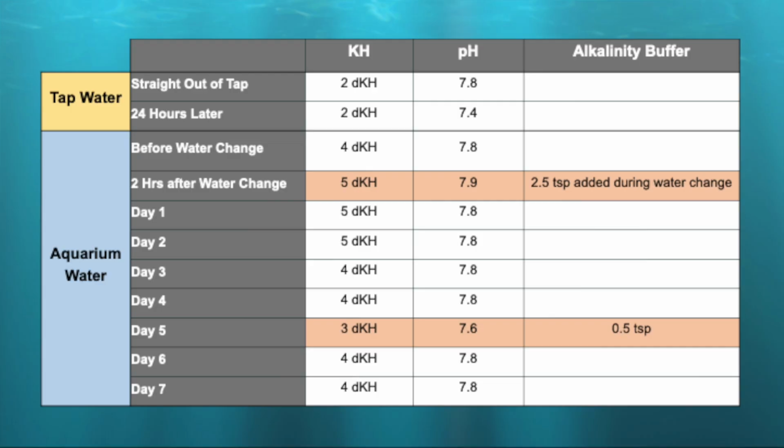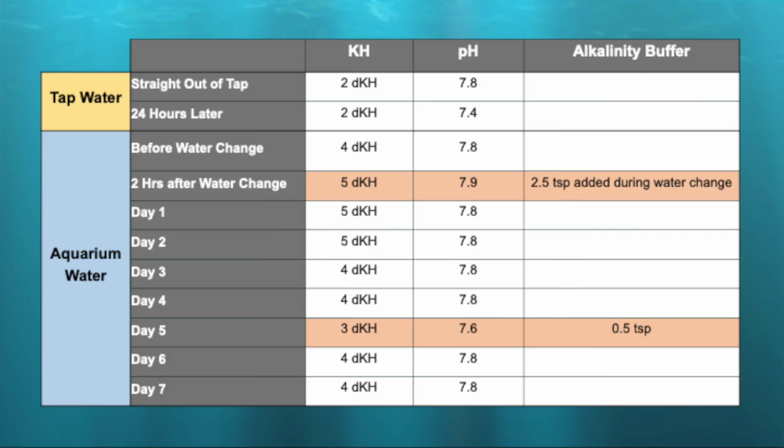Here's an example of the data I collected during my last set of tests. Straight out of the tap, my source water measured at 2 DKH and 7.8 pH. After sitting out for 24 hours with an air stone, the DKH remained at 2 and the pH stabilized to 7.4. Before my water change, my aquarium water measured at 4 DKH and 7.8 pH.